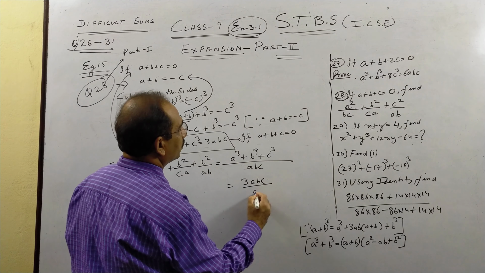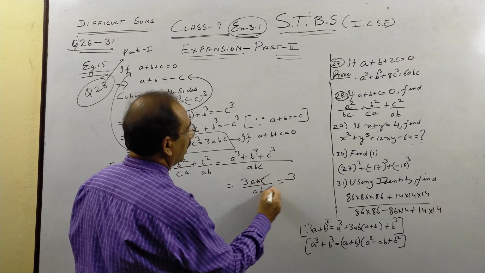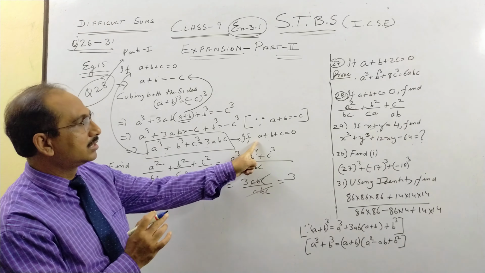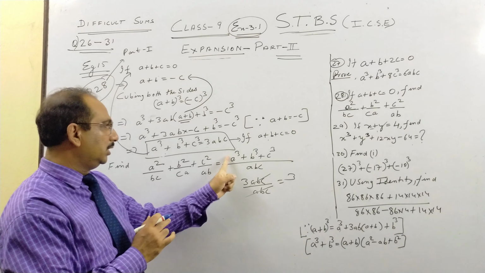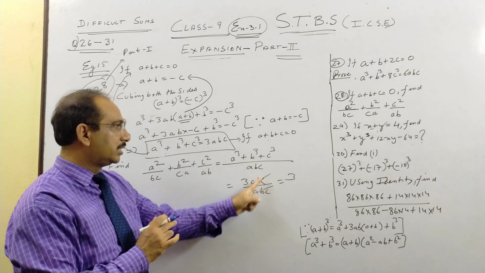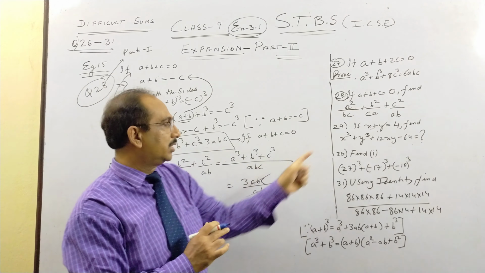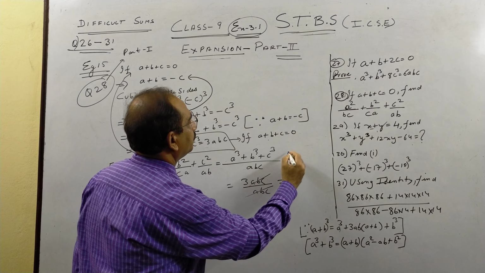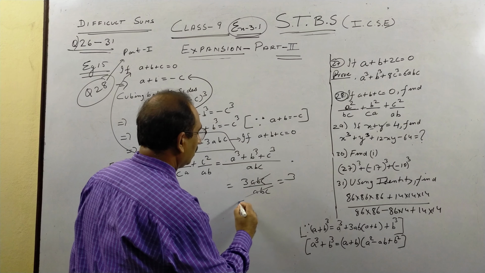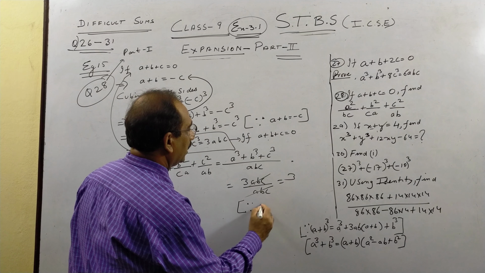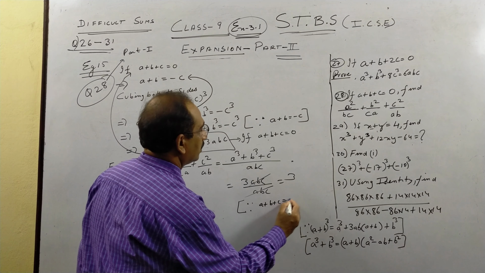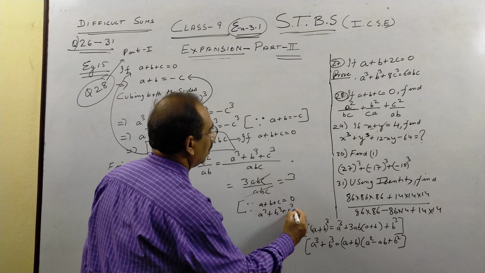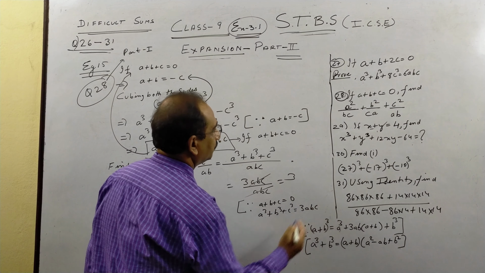So substitute this value, we get 3. This is equal to this because a plus b plus c is 0. So once more, you substitute 3abc because a plus b plus c is 0. Since a plus b plus c is 0, we have a cube plus b cube plus c cube is 3abc.